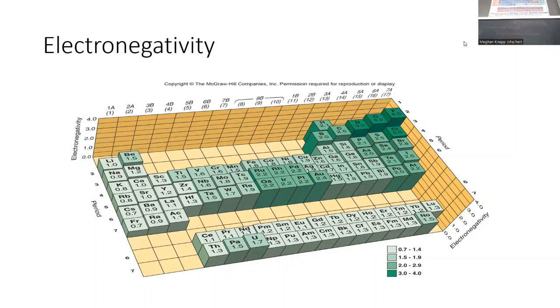Let's look at that. Aluminum 1.5 and carbon 2.5. So the difference is 1. That's really more in that covalent area. It's kind of a squishy sort of thing, and we're not going to worry about those specific cases.